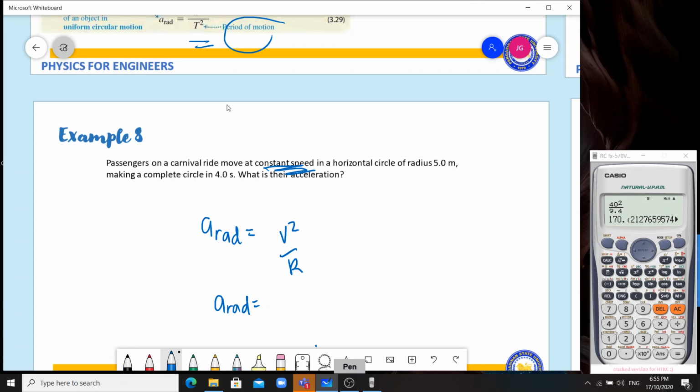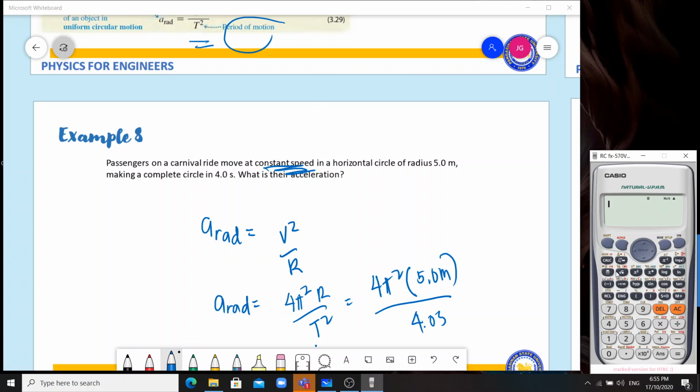4 pi squared r over t squared. Ayan. So, 4 pi squared times r na 5.0 meters over 4.0 seconds squared.